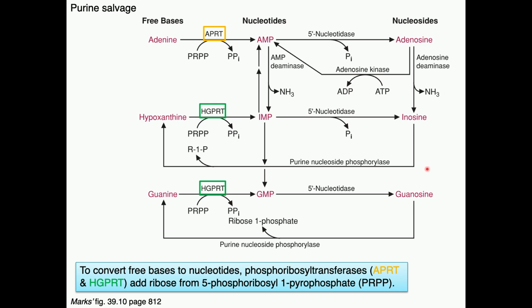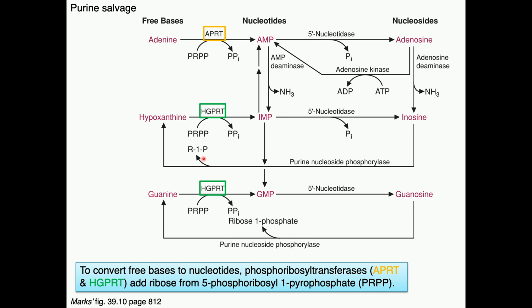In this case, the inosine or guanosine nucleosides are substrates for a phosphorylase that will remove the ribose sugar completely. And that phosphorylase, as the name implies, is using inorganic phosphate to have the ribose leave as ribose 1-phosphate.